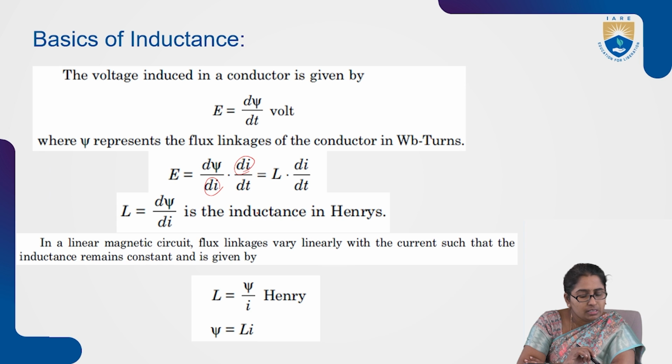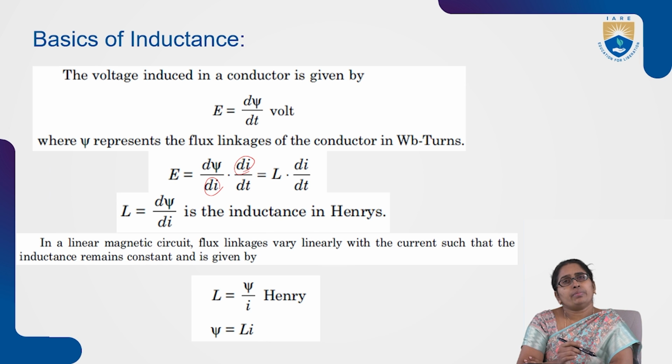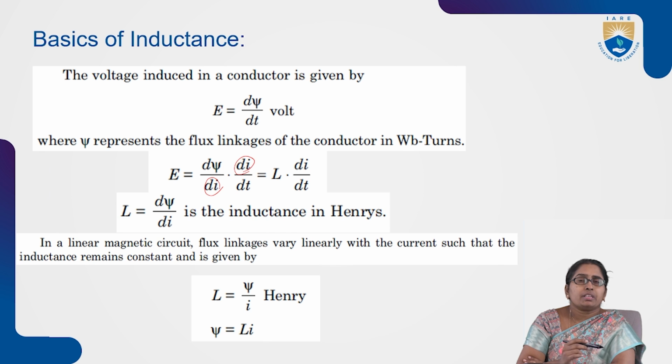So L is the inductance in Henry. Now, in a linear magnetic circuit, the flux linkages vary linearly with the current such that inductance remains constant. So it is given by ψ/I. Finally, that is the definition of inductance.